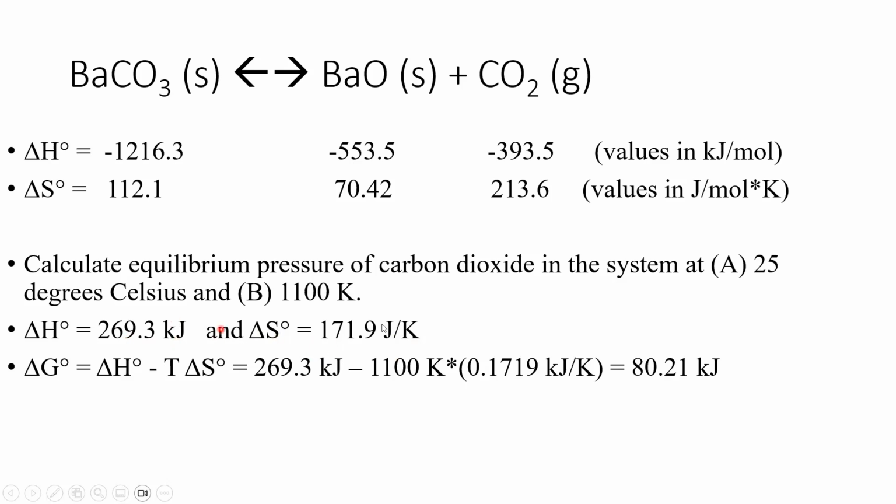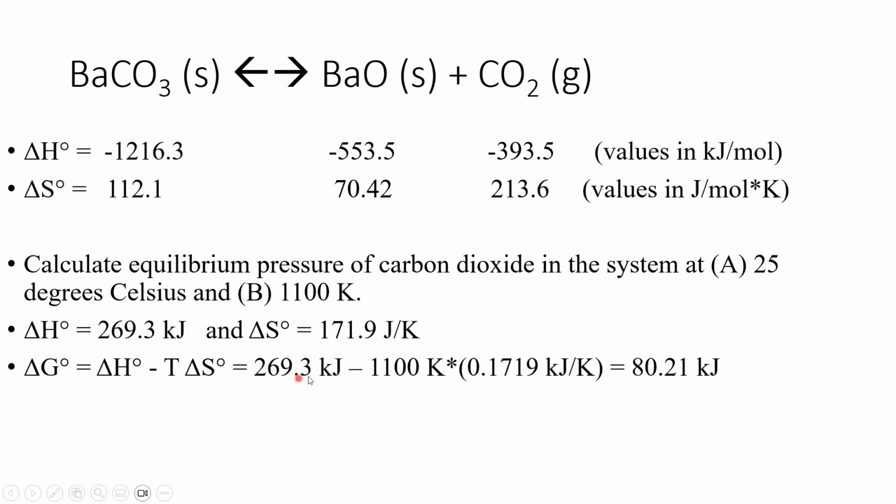And again, we want to pay attention to the units, because with delta S, these values were in joules per mole Kelvin, whereas the delta H was kilojoules per mole. So we just need those to match up. And in this case, I'm going to convert joules to kilojoules. So that's why we've got the much smaller number here. But with the Gibbs free energy equation, delta H minus T delta S, that's going to allow us to calculate this value for the reaction.